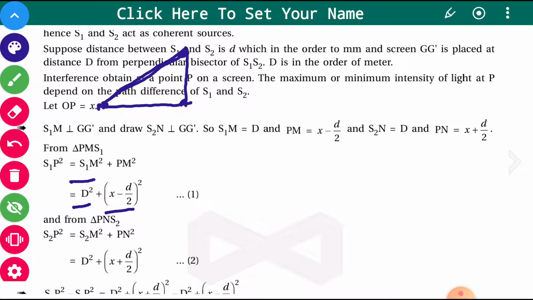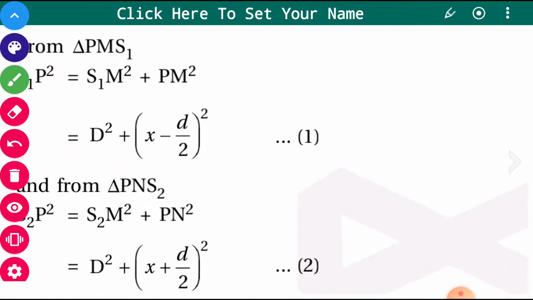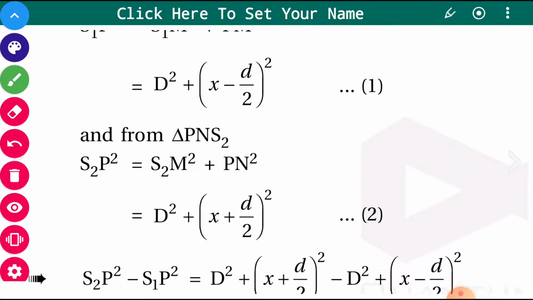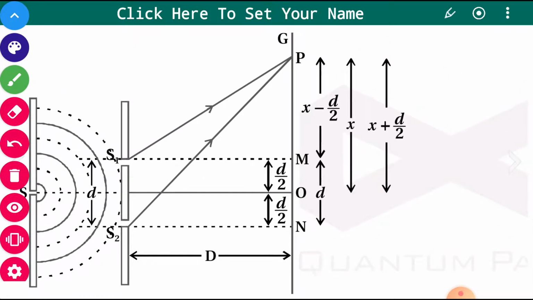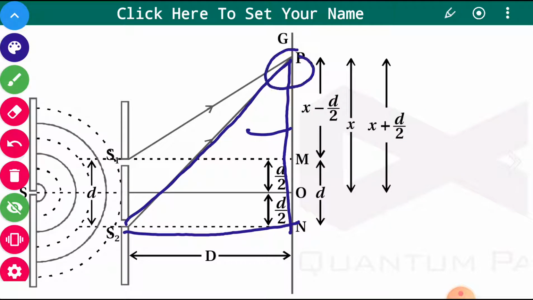And if you take the triangle PNS2, that I am showing it here, this triangle I am trying to explain, then PS2 square is equal to S2N square plus PN square.